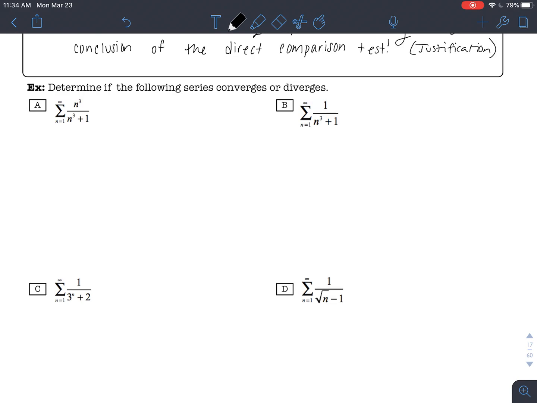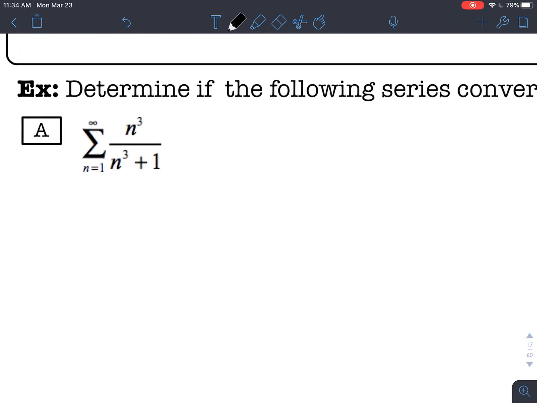Okay, so we're going to do a couple examples with the direct comparison test, and we're also going to justify all of these statements. Always, right? Practice our justifying. So just like before, whenever you are asked to determine if a series converges or diverges, the first thing you always want to do is the nth term test.